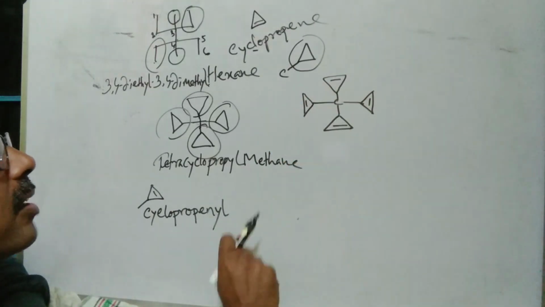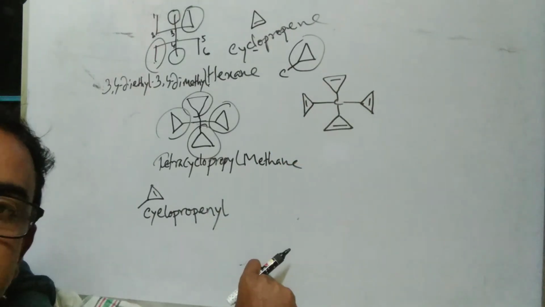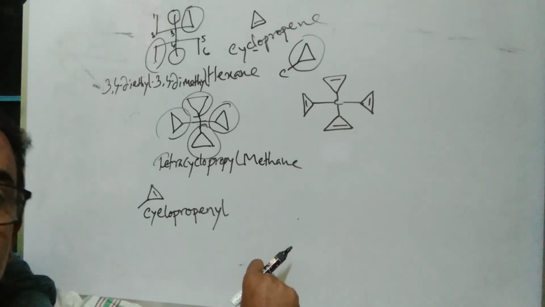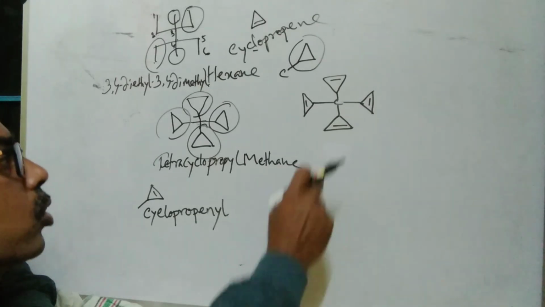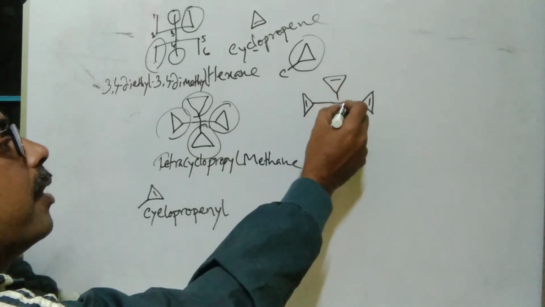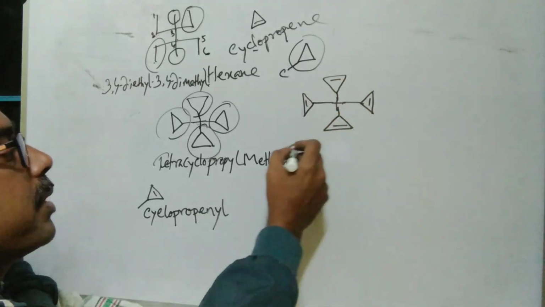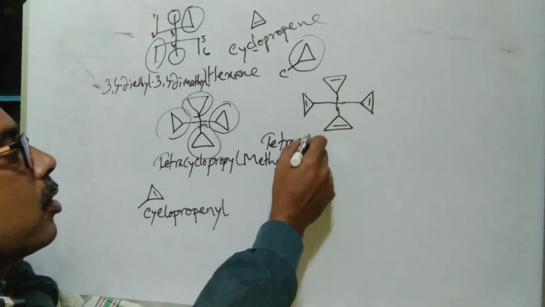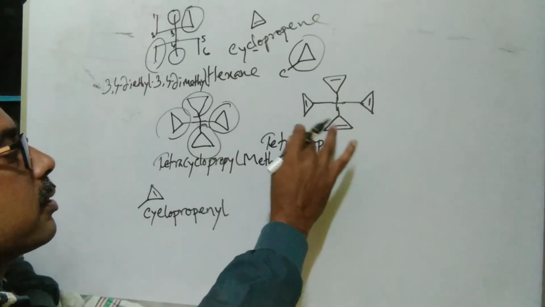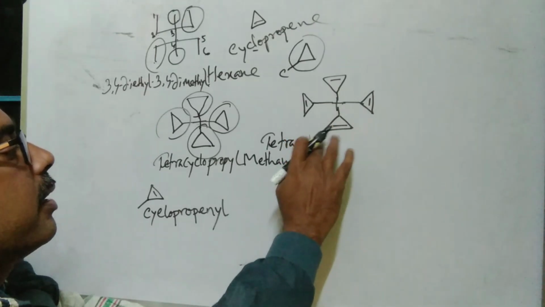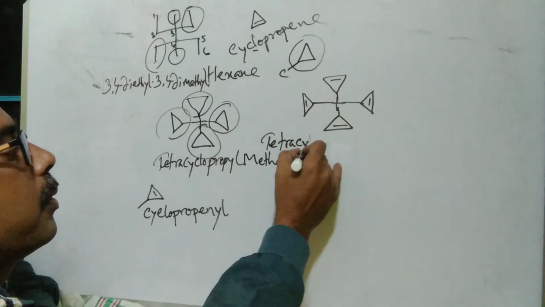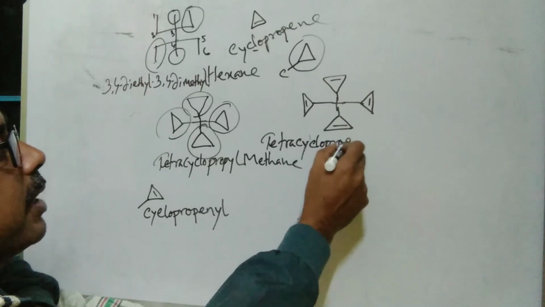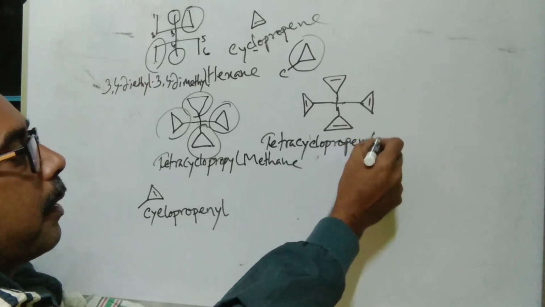So the molecule is of course methane, where 4 of the hydrogen atoms of that methane molecule have been replaced by 4 cyclopropenyl groups. So the name of the compound is tetracyclopropenyl methane.